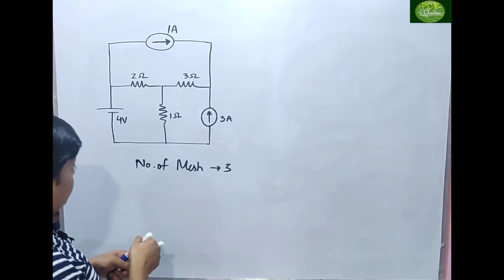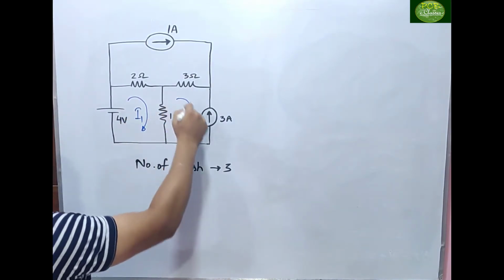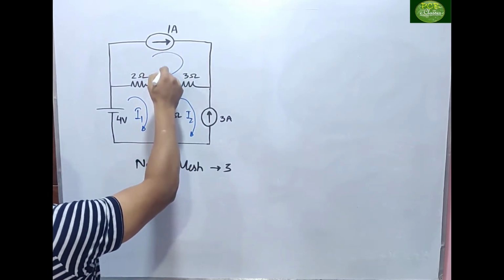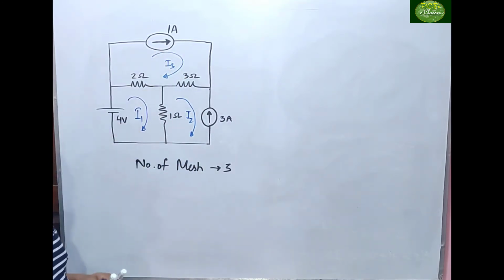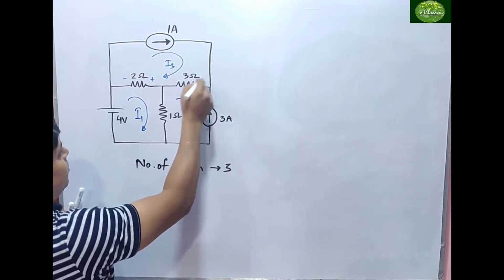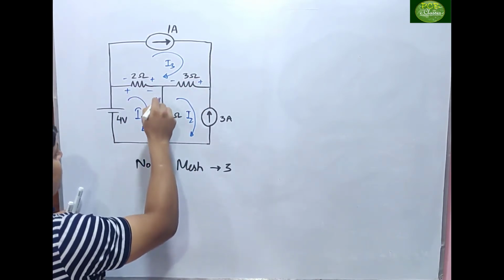So apply the three currents. Let us take this one as I1, this one as I2 and this as I3. Fine. So if this I3 is entering, this side it is positive, negative. I1 is entering here, this will be positive, negative.